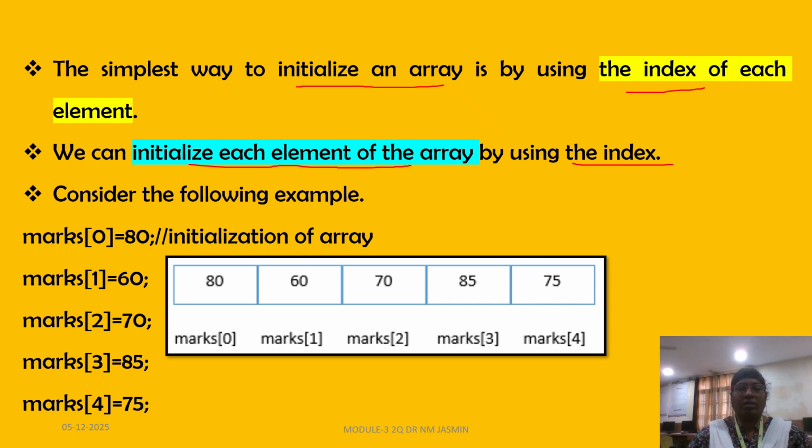So if you consider this example, the first element is 80, second element is 60, third element is 70, fourth element is 85, and fifth element is 75. Okay, so now initializing, here marks is nothing but the array name, and 0 is nothing but the index number, that is the location of this element.